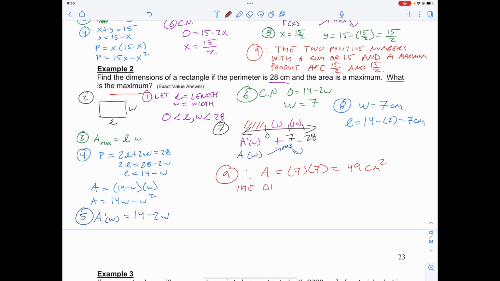The dimensions of the rectangle will be 7 centimeters by 7 centimeters with a maximum area of 49 centimeters squared.